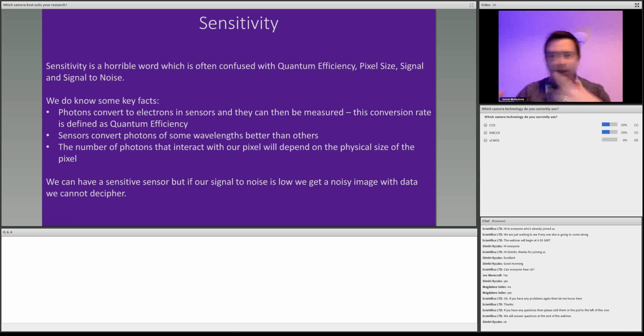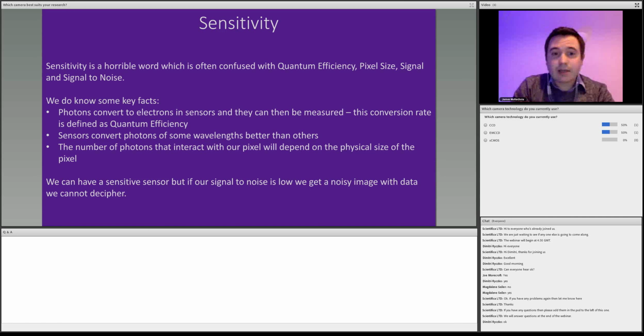So the bigger the pixel, the more light you're collecting from your sample per pixel. However, that does have an effect on resolution. If you want to know exactly where that rain is falling, then with the skip, you can only work it out to the area of that pixel. But we'll come on to that.